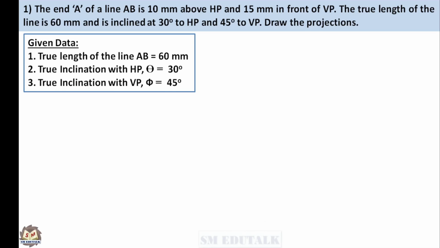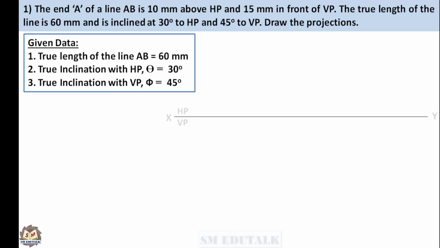True inclination with HP, that is theta equal to 30 degree, and true inclination with VP, that is phi equal to 45 degree. Now we are going to see how to draw the projections of the line AB with the given data. That is, we will see how to draw front view and top view of the line AB.